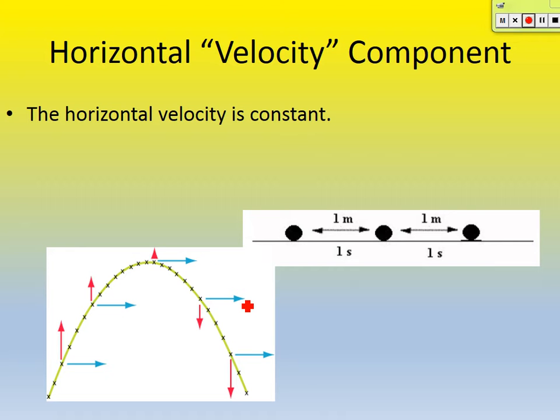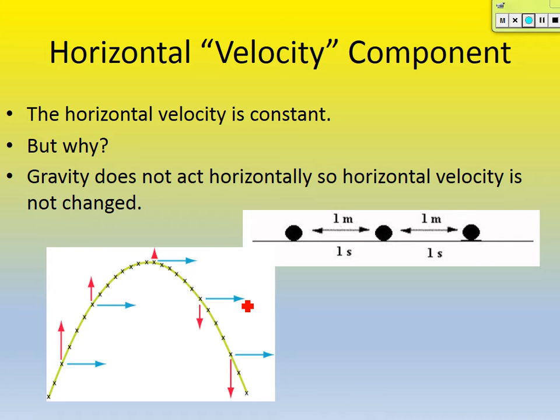Horizontal velocity is constant. I think you're supposed to write that down. Hopefully you have your guided notes out and are writing this. But why is horizontal velocity constant? We kind of just talked about it. Why? Yeah, gravity doesn't act horizontally, and we're ignoring air resistance, so it's always going to be constant horizontally.